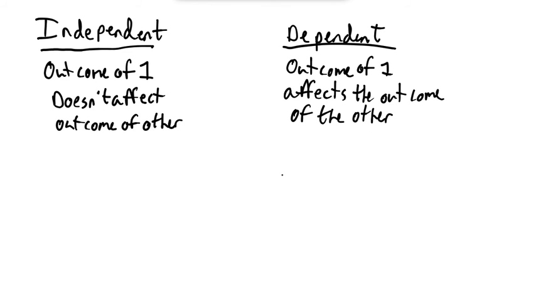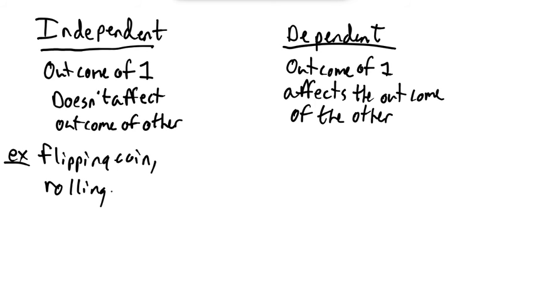Once you pull the first card and you don't replace it, right, it goes into your hand, now you've changed the likelihood of pulling any other card because there's one less card to pull from. All right, so this is an example of flipping a coin, then rolling a die. And this is going to be drawing 2 cards.